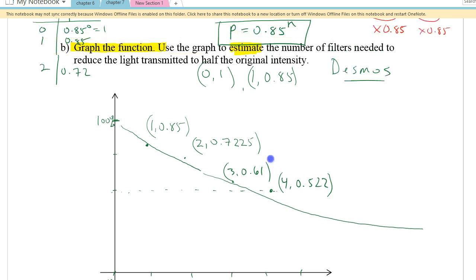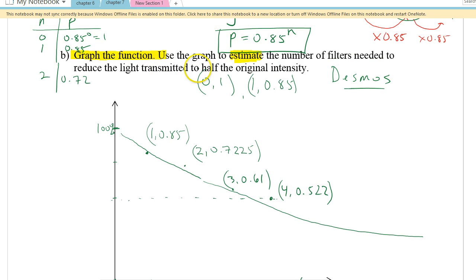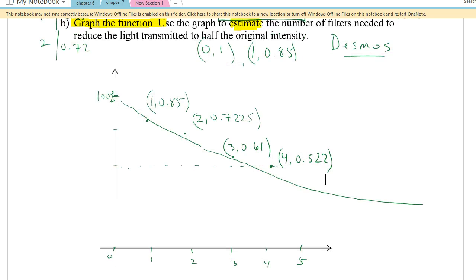So I can't really say that this was a great way of using the graph to estimate, because I really threw my values into a calculator and I multiplied this times 0.85, and then I multiplied it times 0.85 again, and so on to get each of my values. So my answer really is, it should be close to 4 filters.